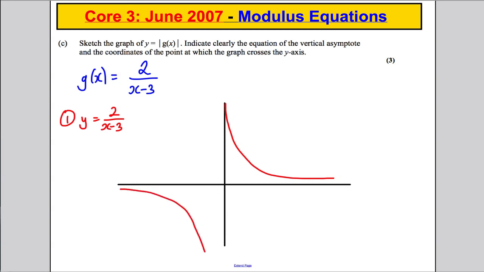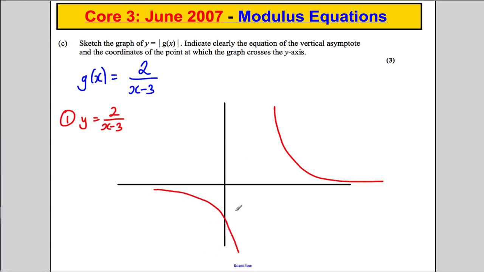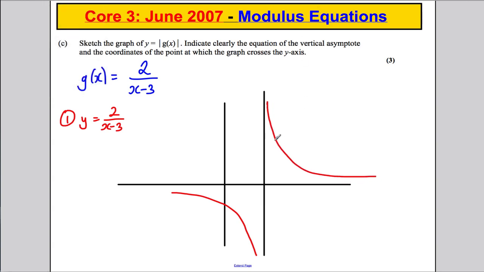It'll be like the graph 1 over x, apart from it's been shifted 3 units this way, and then it's been stretched in the y direction like so. Now, that would mean that this asymptote, instead of being at x is equal to 0, would now be x equals 3. So this line here, this asymptote, would be x is equal to 3.